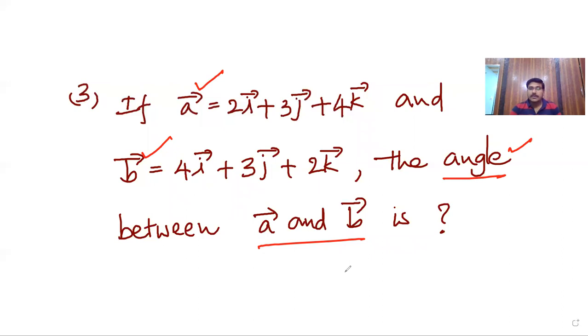Clear? Now observe. To find out the angle between two vectors, we can either make use of the dot product or the cross product.